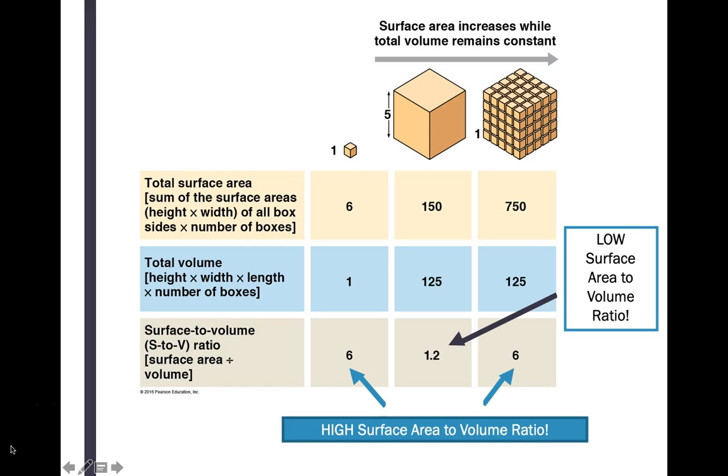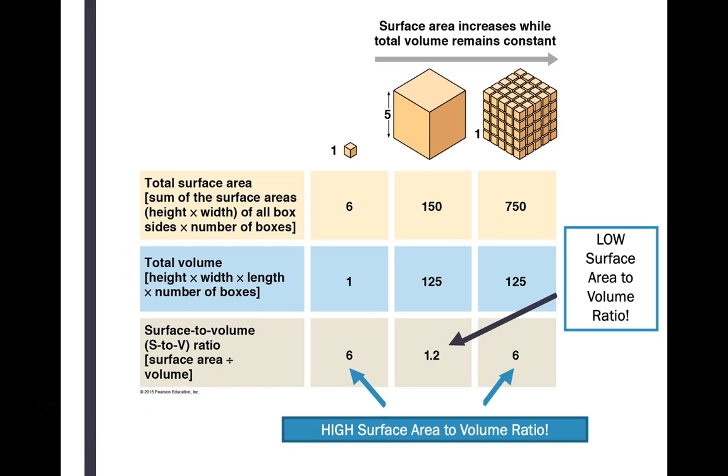Up here we have a 1 unit cube. Next we have a 5 unit cube. The first row shows us the total surface area. Underneath that we have the total volume, and then we have the surface area to volume ratio. So they're just dividing the surface area by the volume.